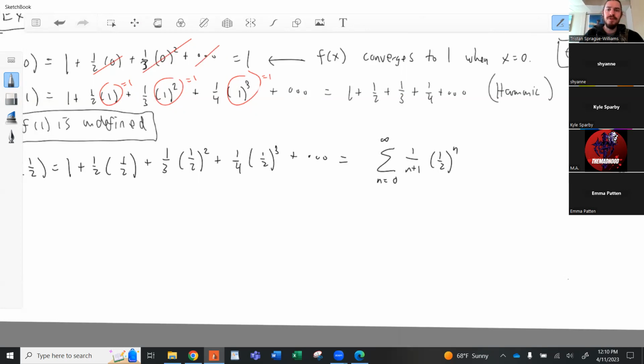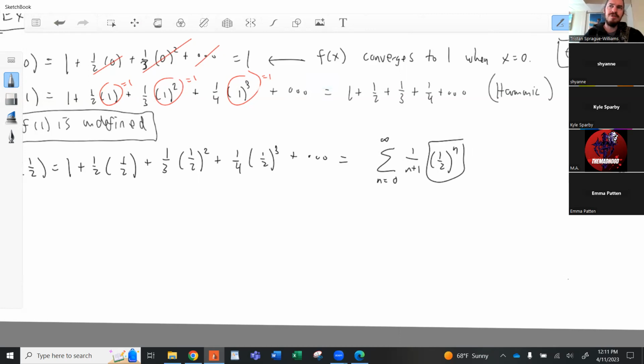It's sort of like a p series and a geometric series multiplied together. The p series part is 1 over n plus 1, really close to the harmonic series. This is a geometric series. The harmonic series diverges.